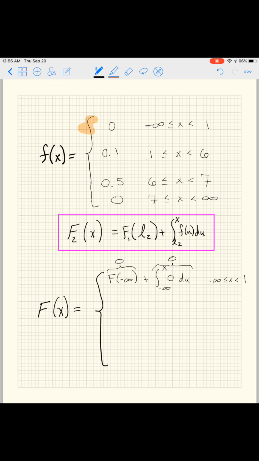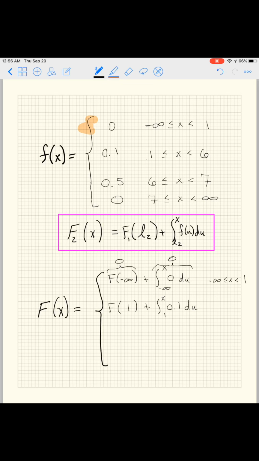Okay, so then I can go to this second row, and in the second row I will say, okay, I need to do F of 1 plus the integral from 1 to x of 0.1 du.